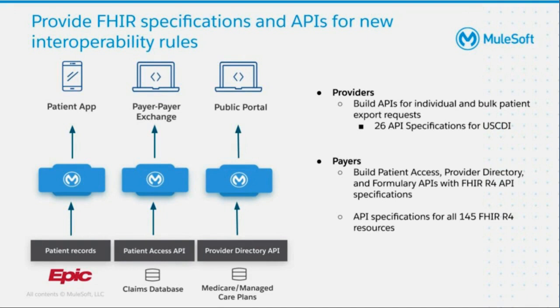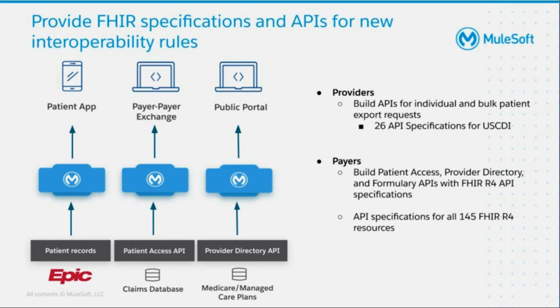With these API specifications, providers have the framework for building APIs required under the new rules. These APIs safely expose patient record information to third-party applications, allowing the patient to access their medical records upon request. The full FHIR R4 API specifications provide payers with the same framework for building the new patient access and provider directory APIs as required in the final ruling.